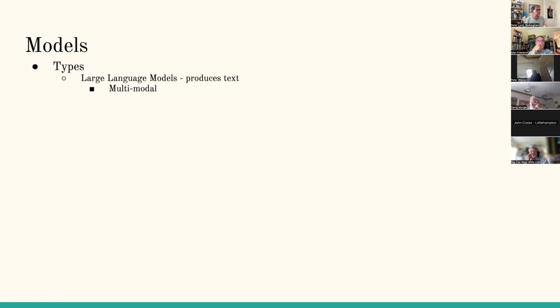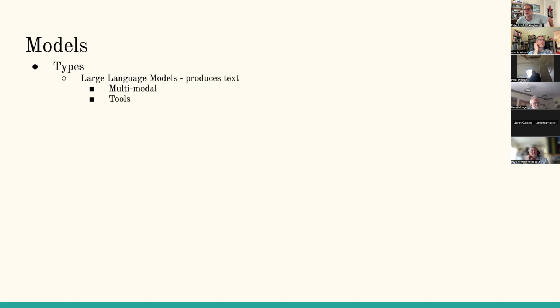Or they can be multimodal, which means they're trained on more than one type of data. So for example, text and images. And if you've got a multimodal large language model, you can then show it a picture and ask it to describe the picture or identify the animals in the picture and so on.